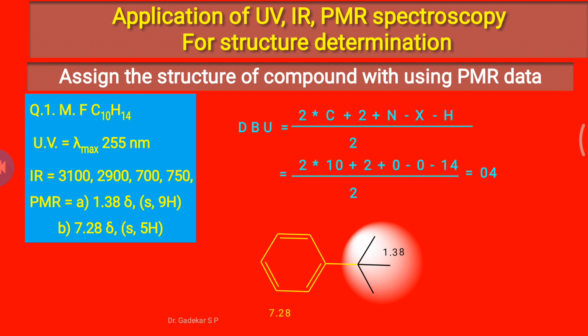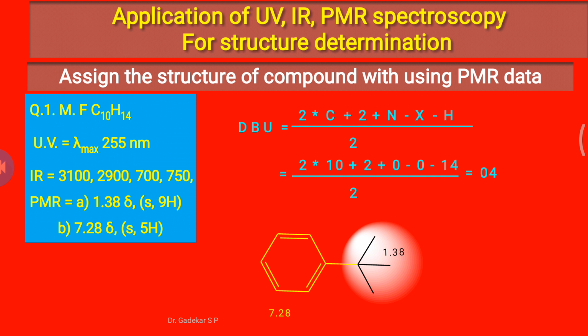In this IR spectrum, a peak is observed near about 3100 cm inverse, due to the CH stretching vibration.